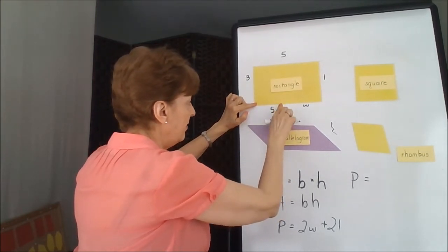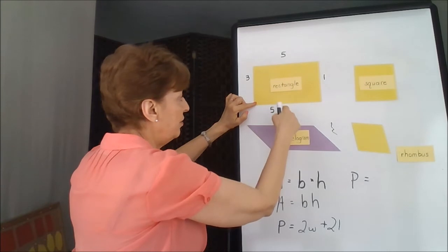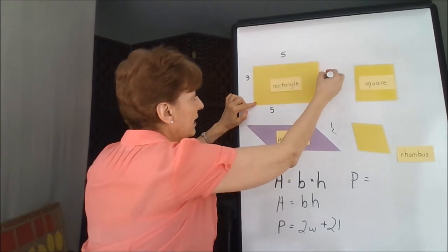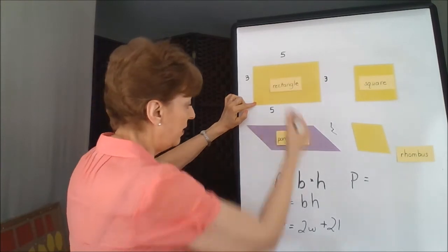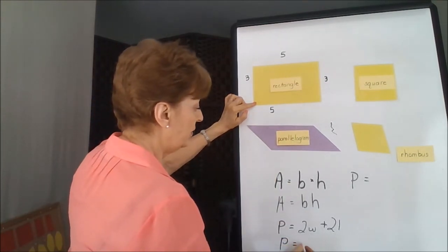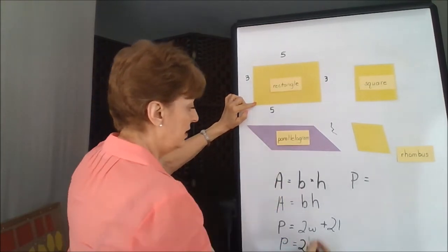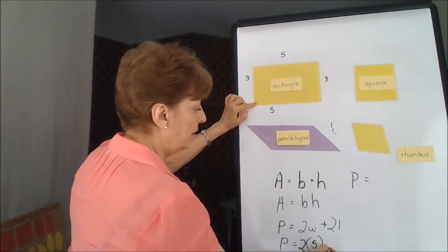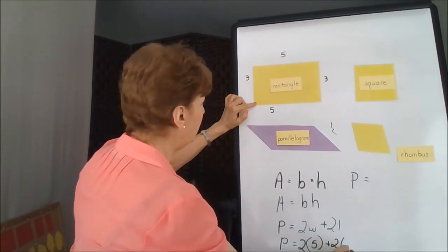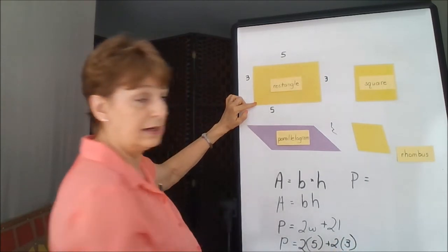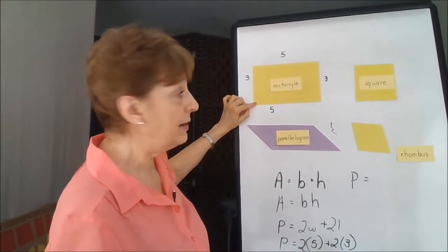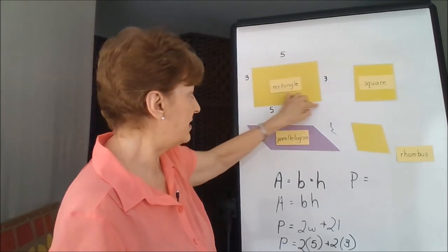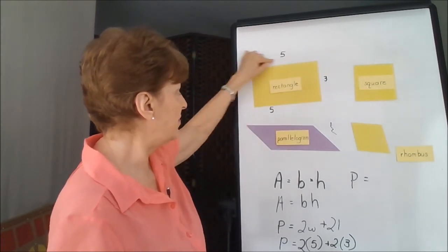This would be another 5 here because these are congruent, remember, and another 3. So we could have perimeter is equal to 2 of the widths, so 2 times 5 plus 2 times 3. And that would give us the perimeter. Or we could just simply add all the 4 sides together. So it would be 3 plus 5 plus 3.